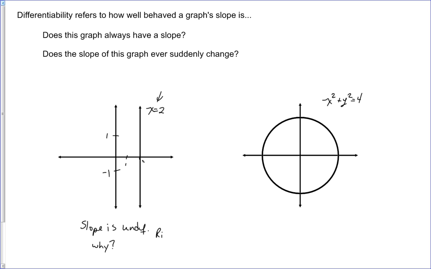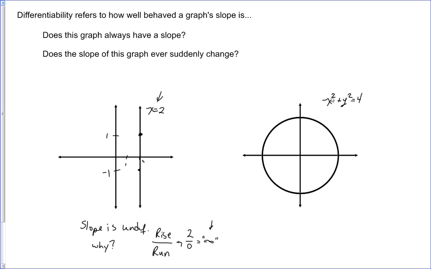If we picked points (2, 1) and (2, -1) and plugged them into the slope equation, which is rise over run, it would give us 2 over 0. And if you remember from a few videos back, a number divided by 0 is infinity. So you can either call this undefined or infinity. But it does technically have one.